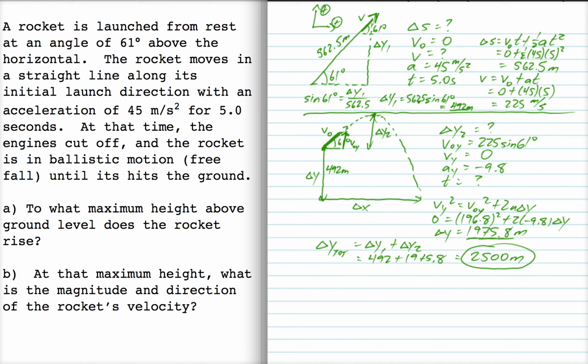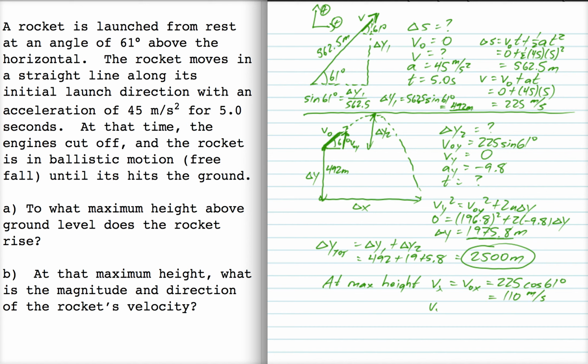The second part says, at maximum height, what is the magnitude and direction of the rocket's velocity? Well, at max height, the x velocity is just the initial x velocity, which is 225 cosine 61, and that's 110 meters per second.